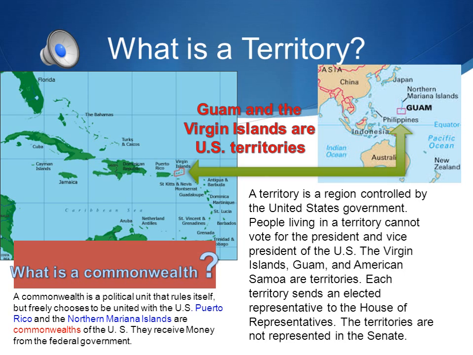A commonwealth, which is considered a political unit that rules itself but freely chooses to be a part of a country, is another example. For instance, Puerto Rico and the Northern Mariana Islands are commonwealths. They receive money from the federal government.